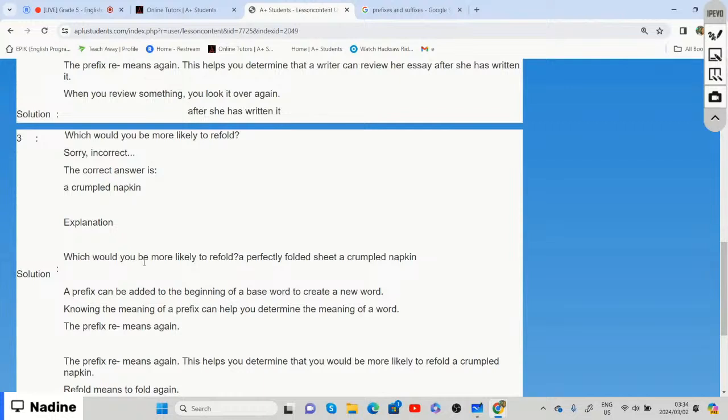Why would you be more likely to refold? So if you are hanging clothes on the line and now you're taking them off either later the day or the next day, depending, right?